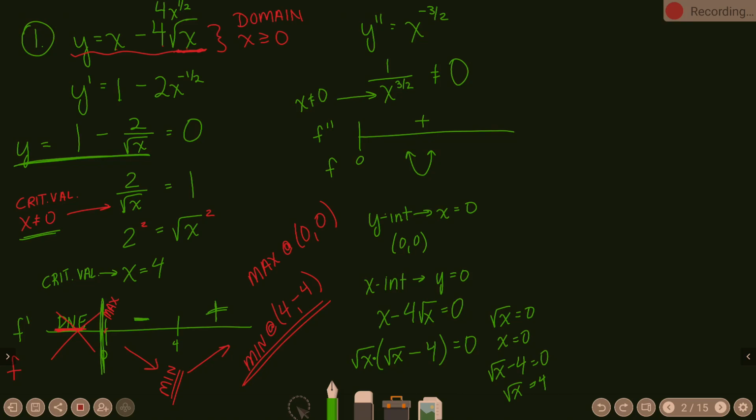How do you get rid of a square root? Oh, squaring, so we're doing 16. So right there, you have x-intercepts of 0, 0, which we already knew, and 16, 0, which I didn't even end up putting on mine.